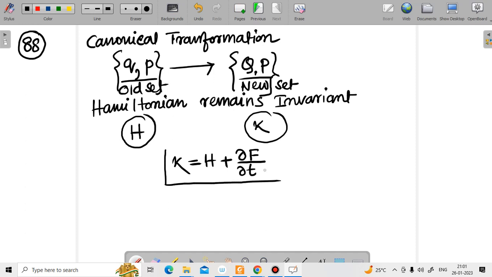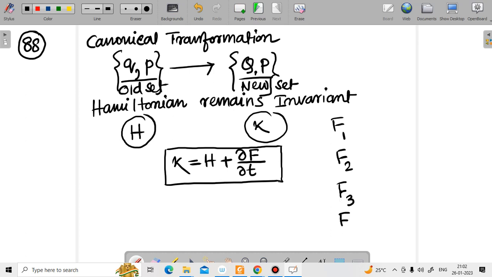These are the very basic things you must know about the canonical transformation. And there are of course four forms, F1, F2, F3, F4.